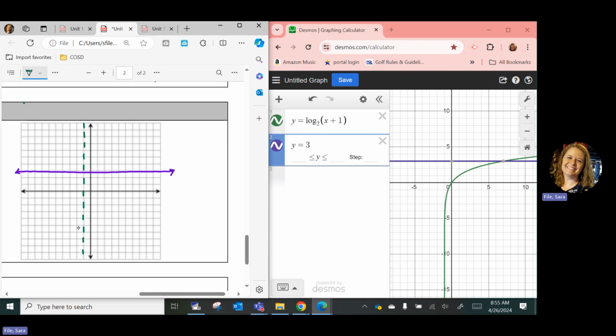It's okay. But then what is normally our x-intercept at 1 is shifted left, so it's at 0. Okay, and we can see we've got another point there at 1, 1. And then we've got another point there at 7, 3. So now I can sketch this curve for this log.